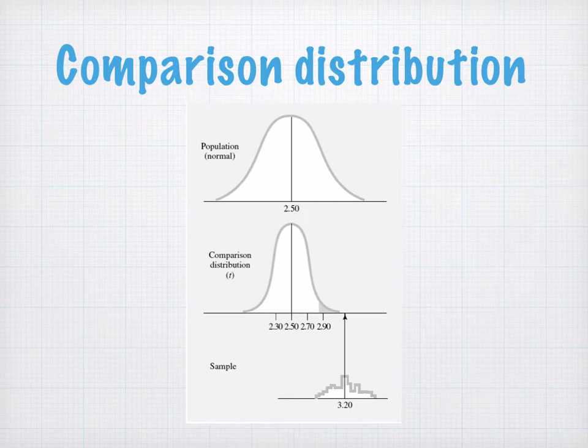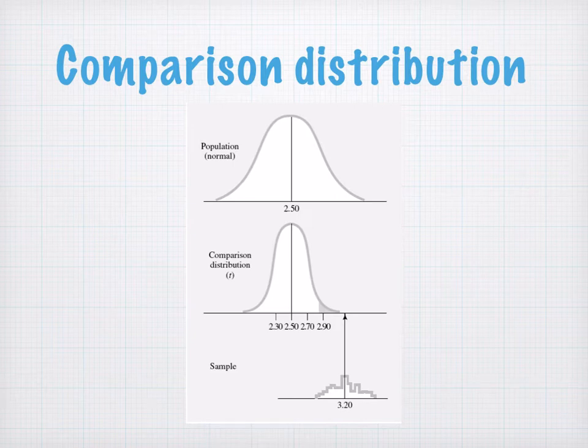What we're then comparing our sample against, though, is not this normal curve, but this t-distribution. The t-distribution is very similar to the normal distribution in several ways. It will have the same mean, those sorts of things. But it's going to have a different shape.